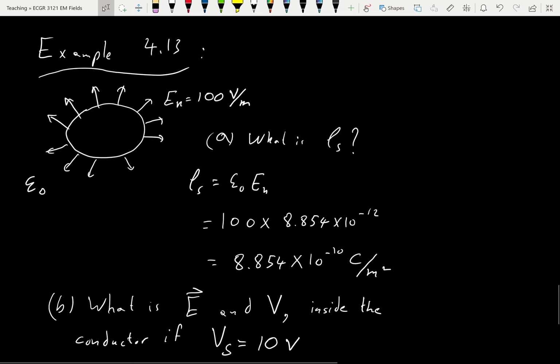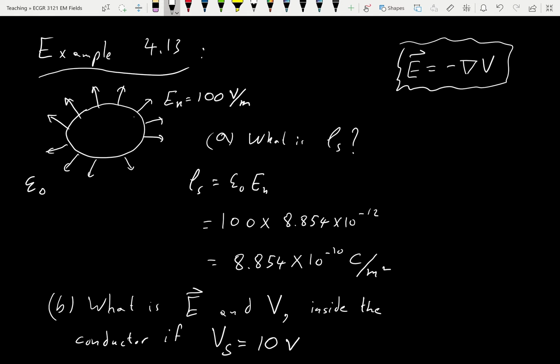So remember when we talked about potential, we said it's just a scalar field in space, where it relates to the electric field by the gradient. So this is the differential form, E equals minus gradient of V. And then the V between 2 points is just the integral from A to B of E dl.